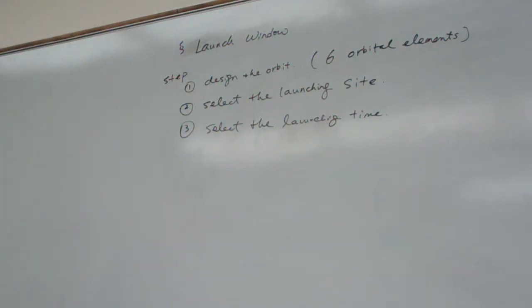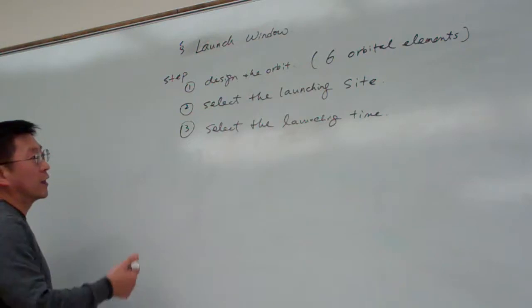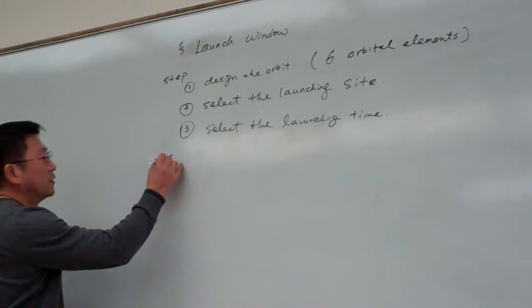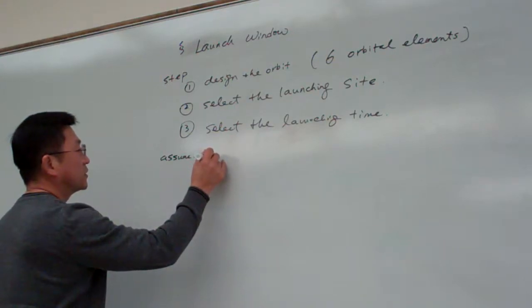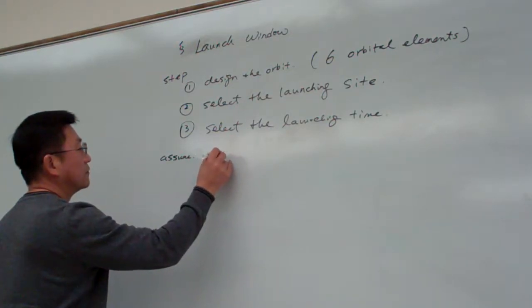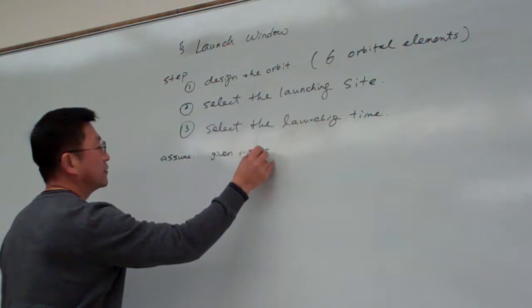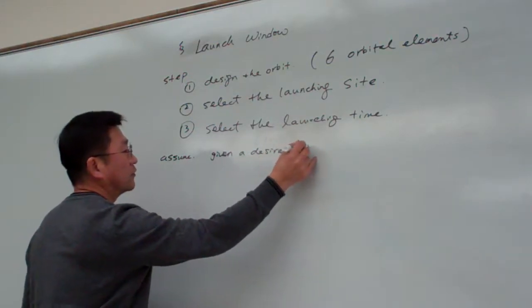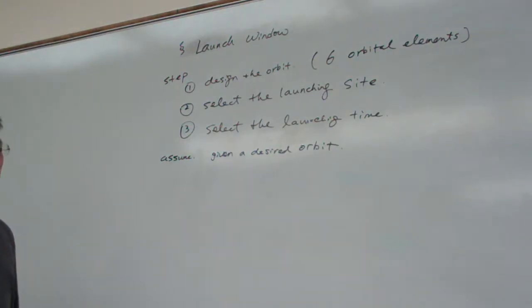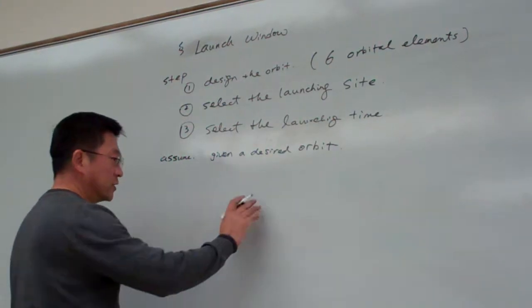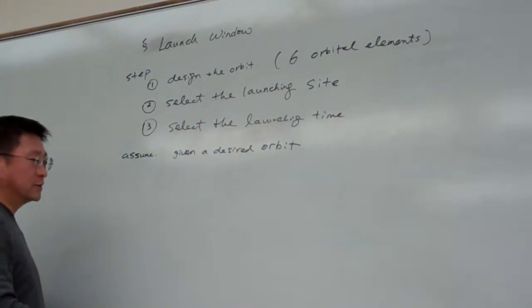For our illustration, we assume we have the desired orbit selected already. So let me draw that orbit in terms of the Earth sphere.